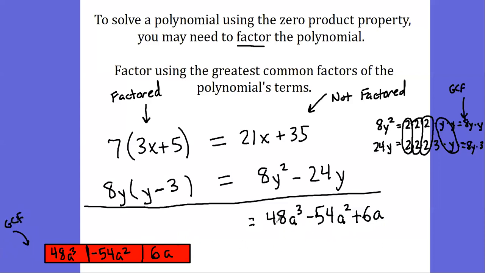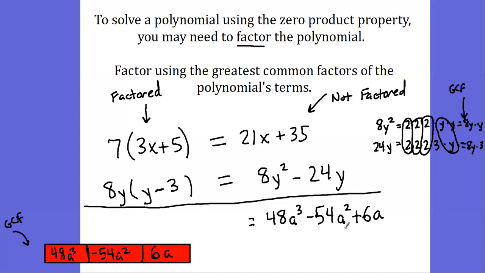So what is my GCF between 48a to the third, 54a squared, and 6a? And unlike the last example where I did it the long way, writing out the algebraic factorization of both of those terms, I'm just going to think this through. So if I'm looking at these numbers, 48, 54, and 6, let's think of numbers that would evenly divide all 3 of these numbers. The largest number that evenly divides 48, 54, and 6, that number is going to go right here. So with the smallest number, this 6, I know I can't have any number bigger than 6.